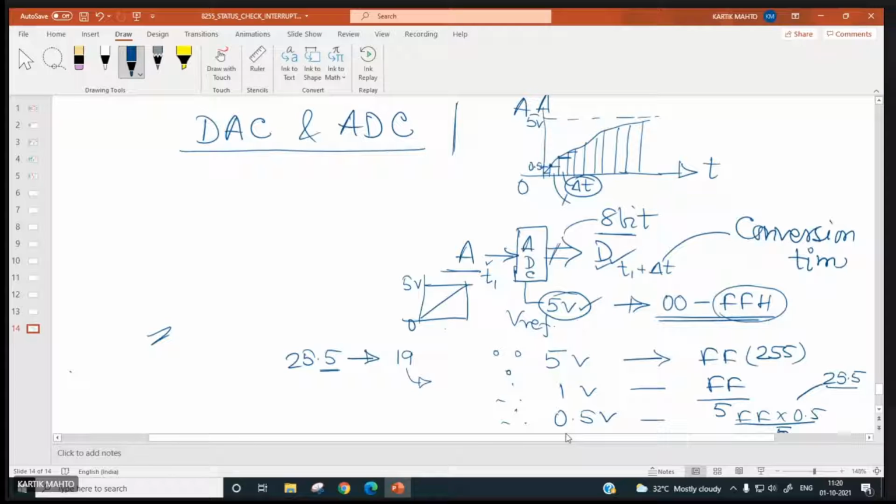But in our computer processing or microprocessor processing, we always look for the whole number, and it will be made whole to the nearby number. Since it's 0.5, it will be made whole to nearby. That is 1A.